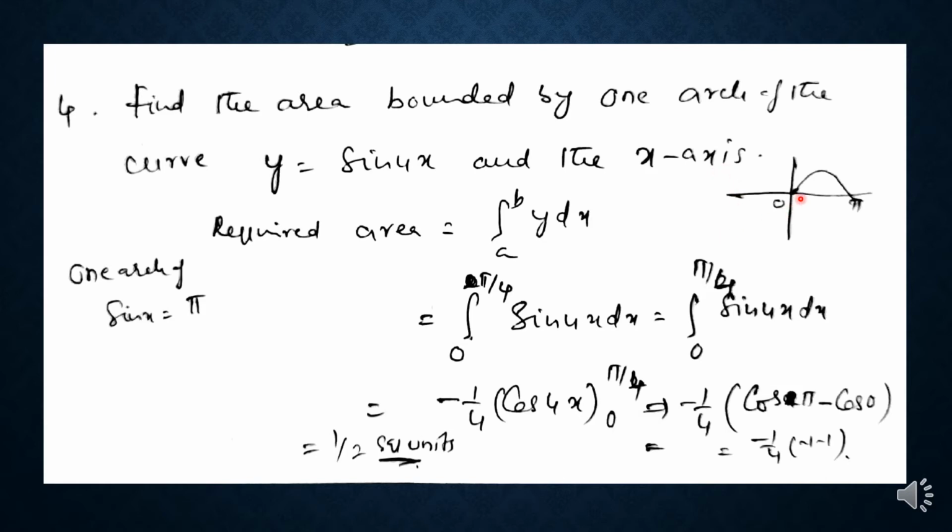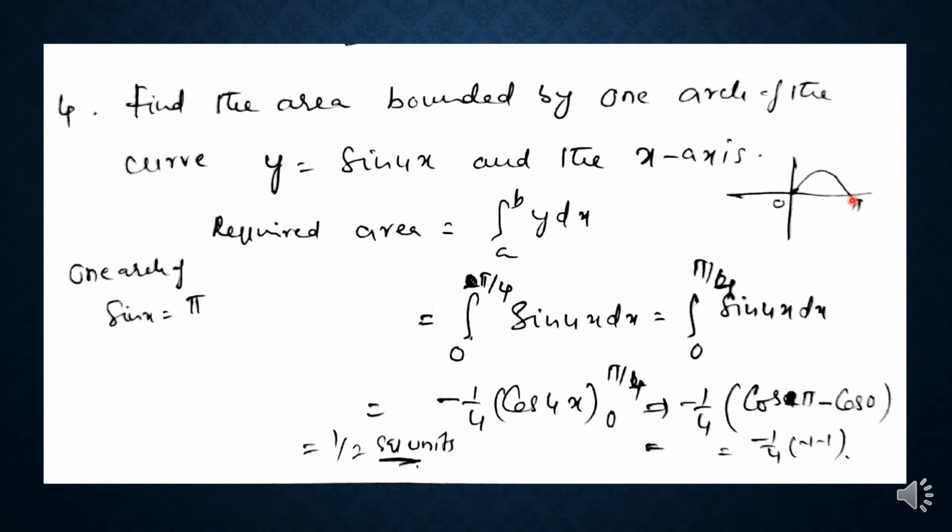If I observe the sin x curve here, this is 0 and sin pi by 2 is 1, sin pi is again 0. So the curve y is equal to sin x meets the x-axis at the origin and the next time it is at pi, 180 degrees.